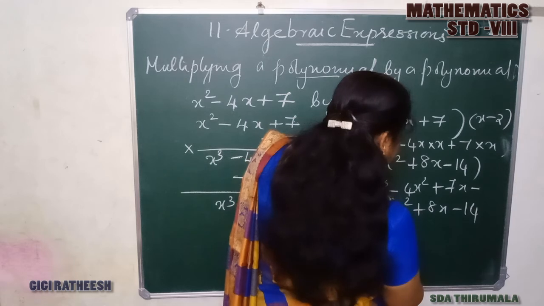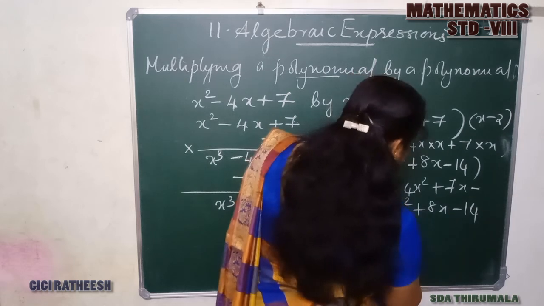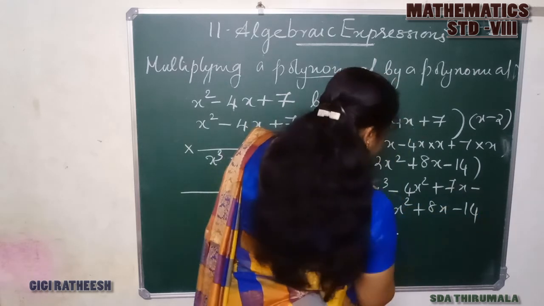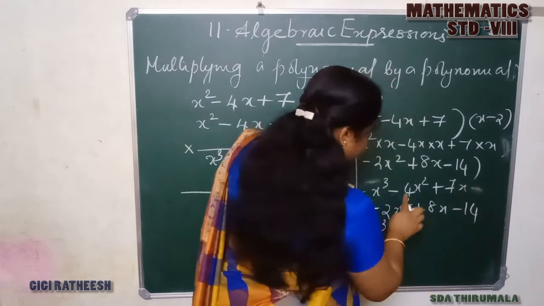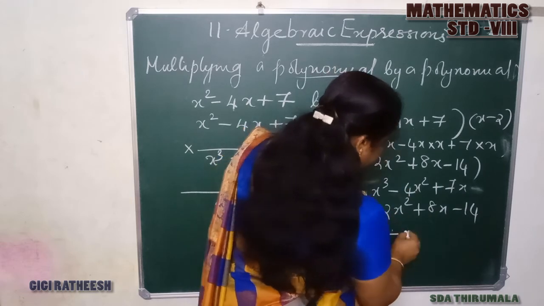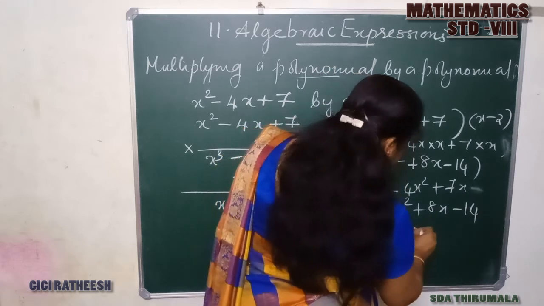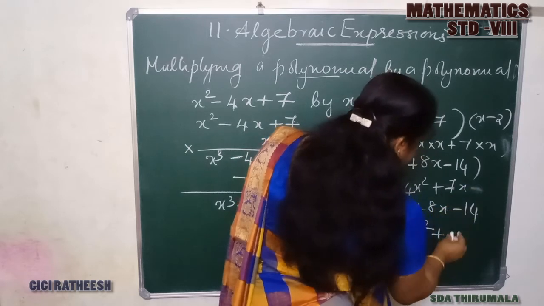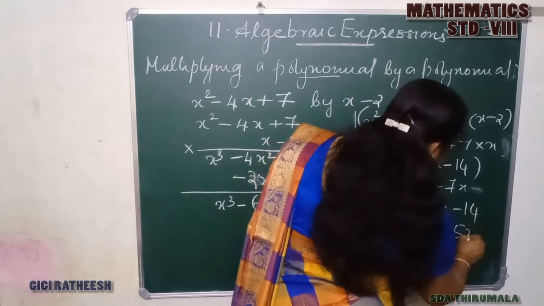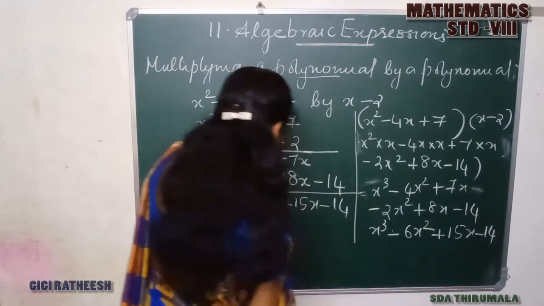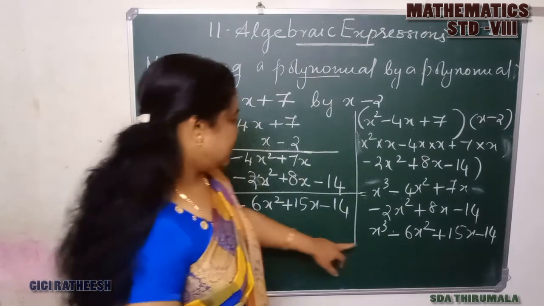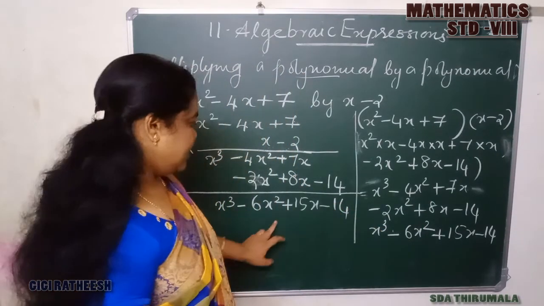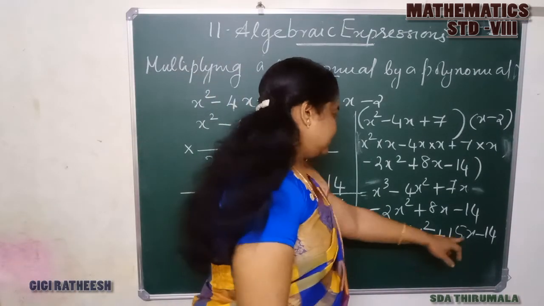Combining, minus 4x square and minus 2x square give minus 6x square, and then plus 7x and 8x gives 15x, minus 14. These two answers are the same: x cube minus 6x square plus 15x minus 14.